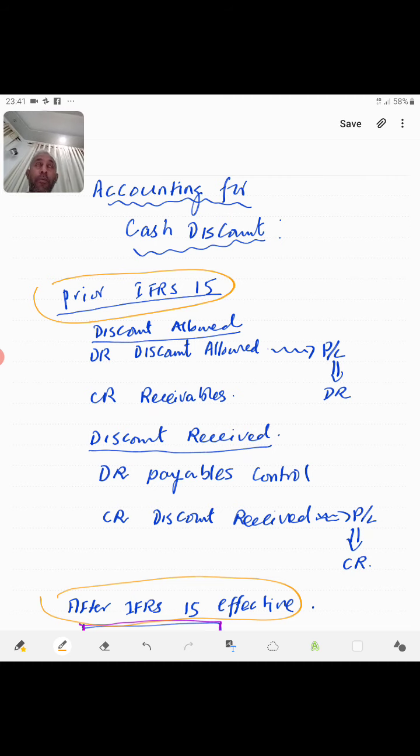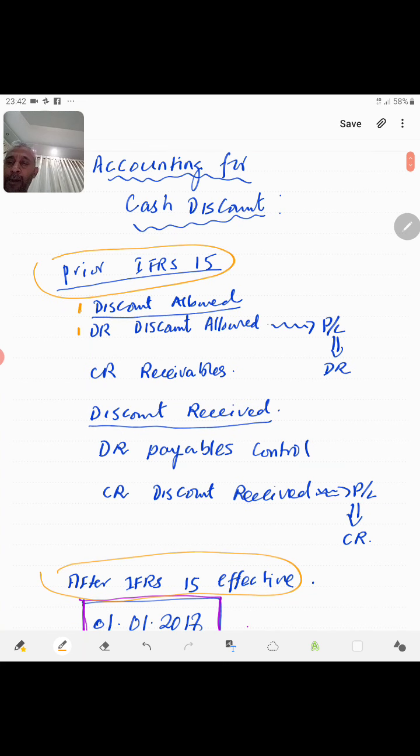Generally, based on our basic accounting studies, cash discounts are of two types. One is cash discount allowed, the other one is cash discount received. Prior to IFRS 15, how do we record discount allowed?